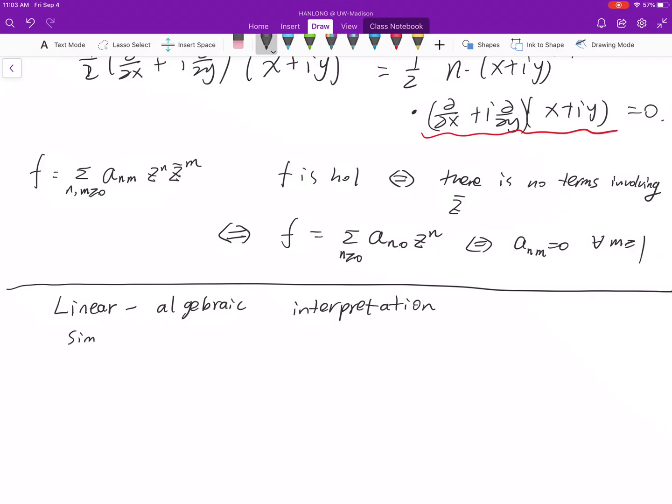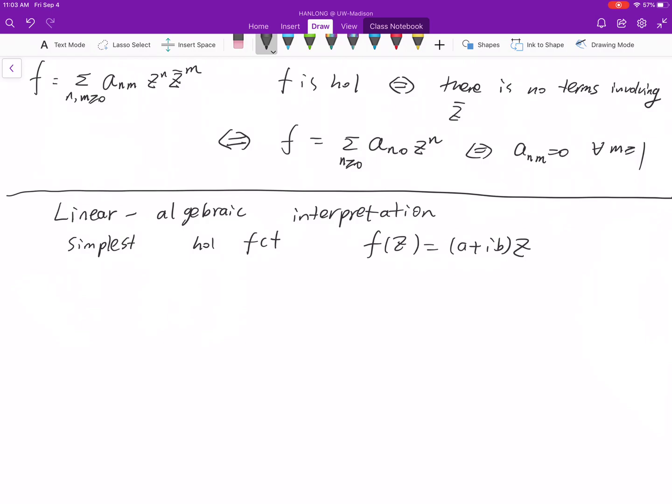So the simplest holomorphic function is f(z) equals (a plus ib) times z. If we write down f in real coordinates, we have (a plus ib) times (x plus iy).